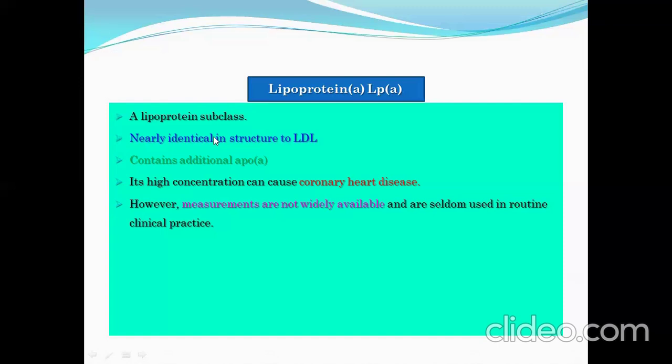That's why we measure lipoprotein A. If lipoprotein A is high, there is a high risk of heart disease. If it is low, there is less risk. So it is directly linked with heart disease, stroke, and other cardiovascular disorders.